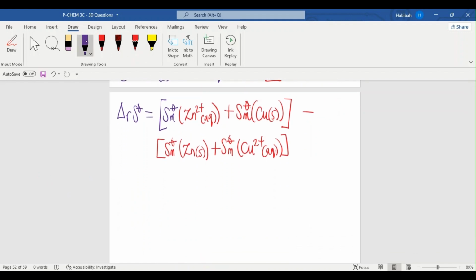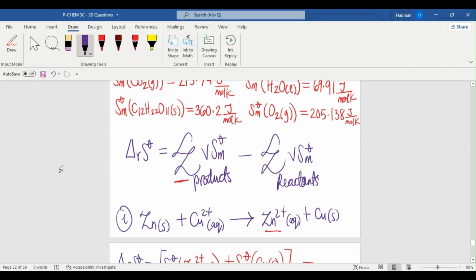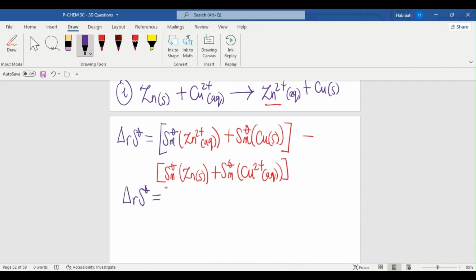Now remember what I said: we are going to be using the values I gave you, the values I told you to pause and write out. I have my book, so I'm just going to be substituting.